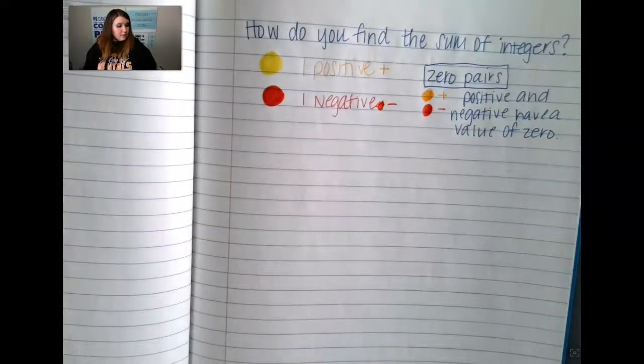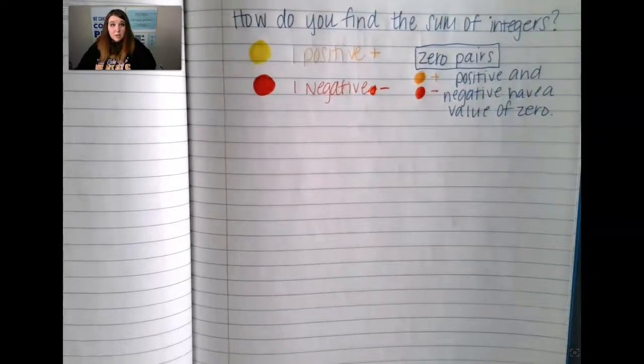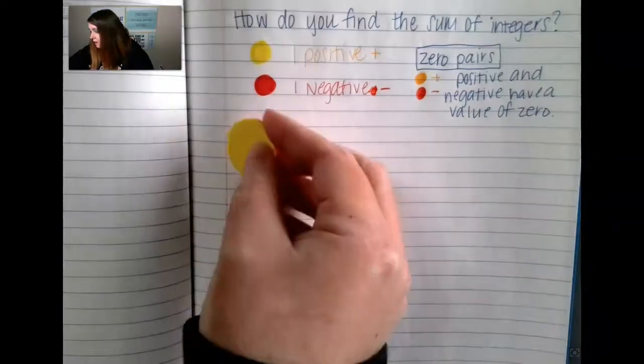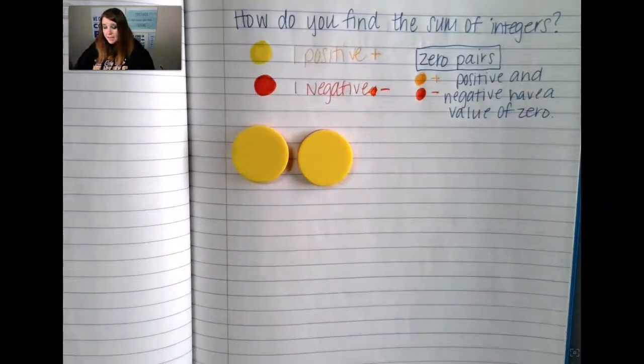All right, so the first thing that we want to talk about today are sums. We know that the word sum means to add. So everything we do today will use addition. So the sum of integers is adding integers. Our first example is if I have 2 positives and then I add 3 positives.